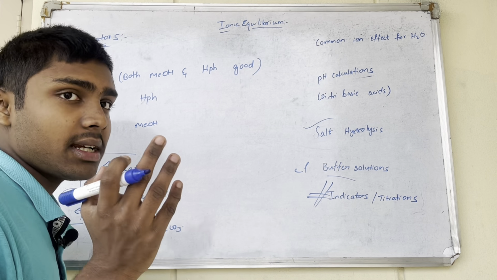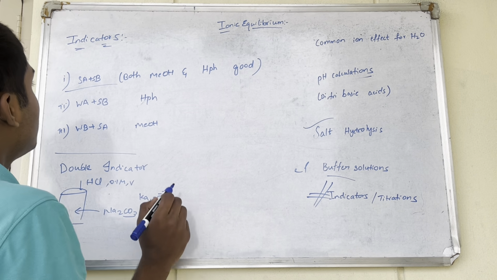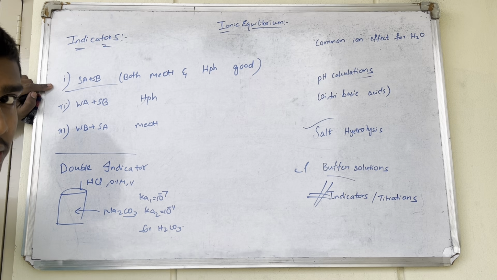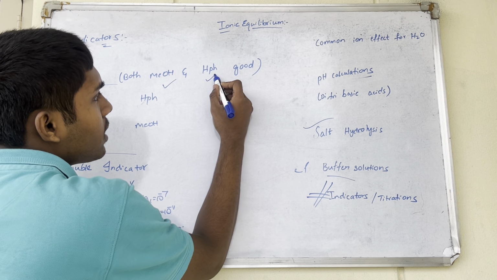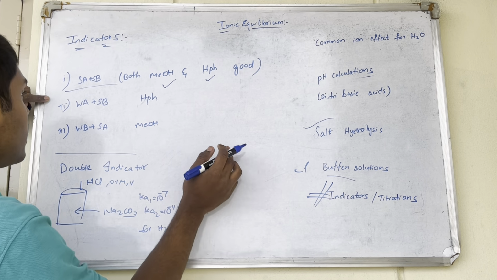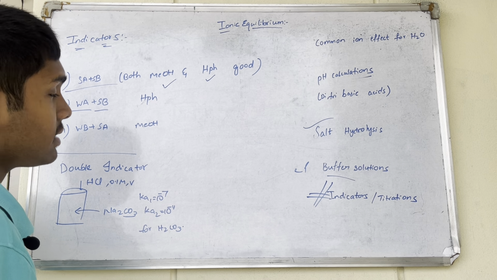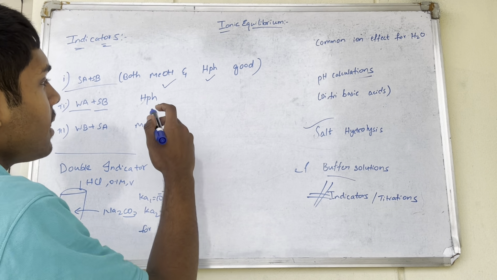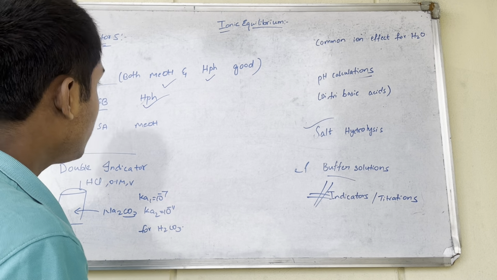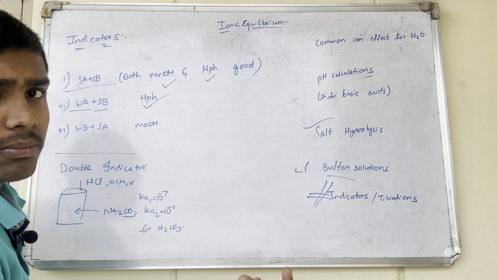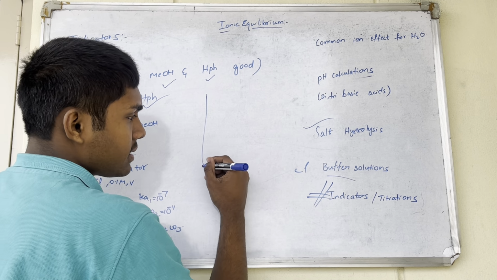By experimenting, we have found that for a strong acid and strong base, if you use both methyl orange and phenolphthalein, both are good. For a weak acid and a strong base, phenolphthalein is good. Why phenolphthalein? Let's draw the titration curve.